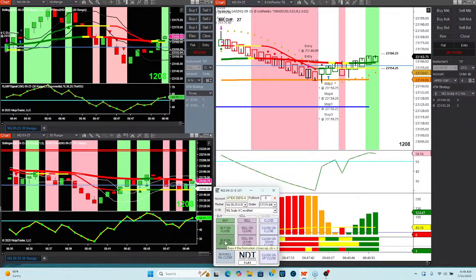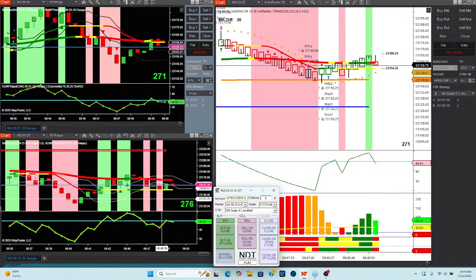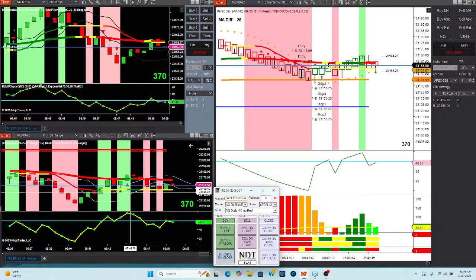Break. This is still flat. I shouldn't have traded anything in here, to tell you the truth, until the 50 gets out of this trap. You can get little short moves, but your first target better be a lot less than $100.